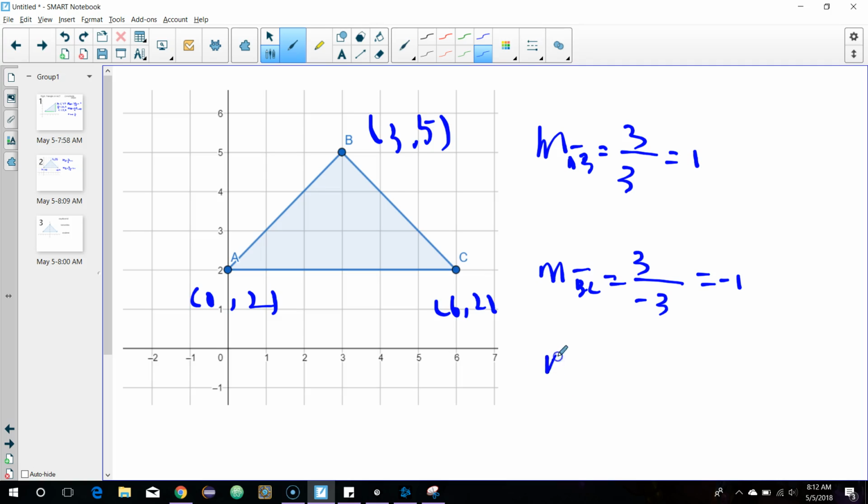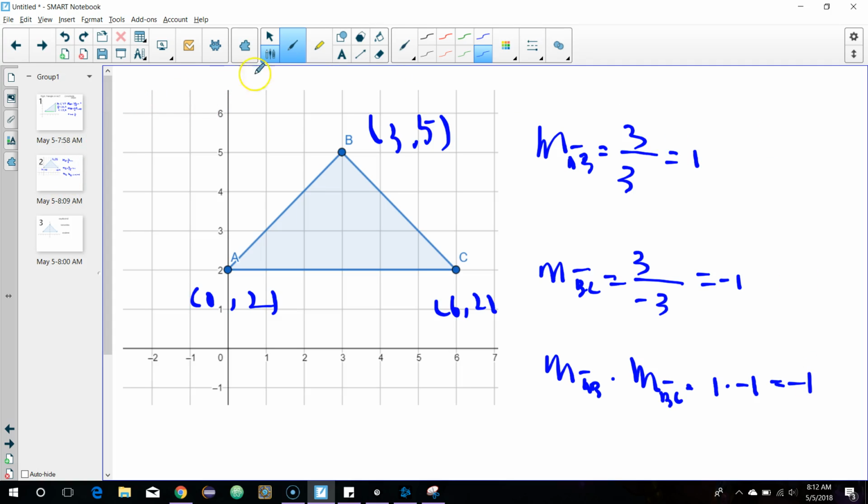So basically they will test this: slope AB times slope BC. So we get 1 multiplied by negative 1, so we get negative 1. Therefore, that is a 90 degree angle. Okay, so that is the slope method. It's really not too bad.